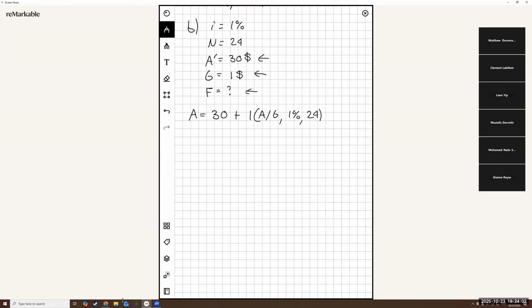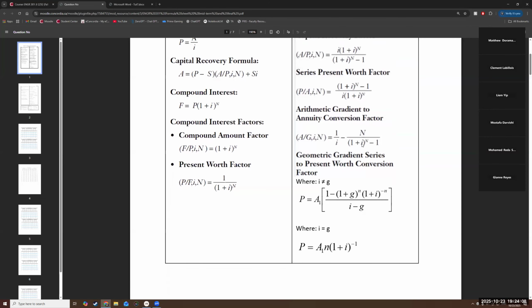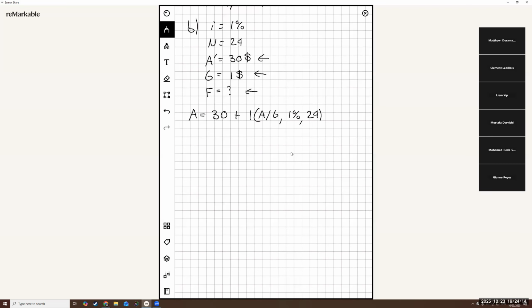Now we can go and check our formula. And this is the formula we will plug in. If you plug in this formula, you find that this A/G factor is equivalent to 11. Therefore, A will be 30 plus 11, which is $41.